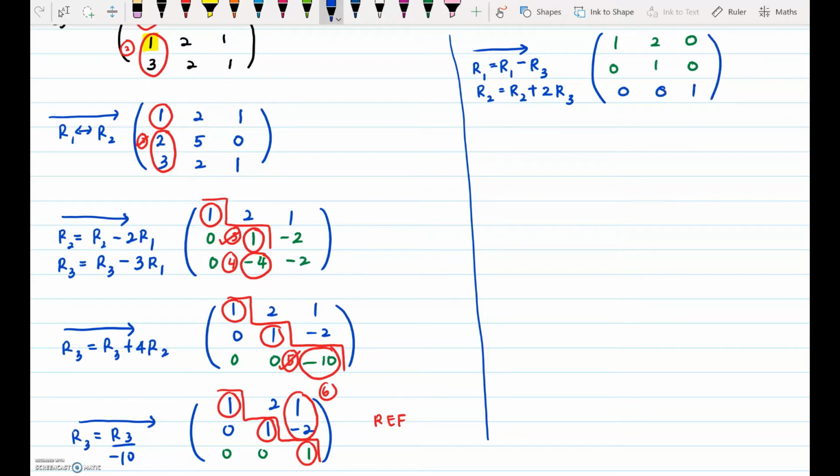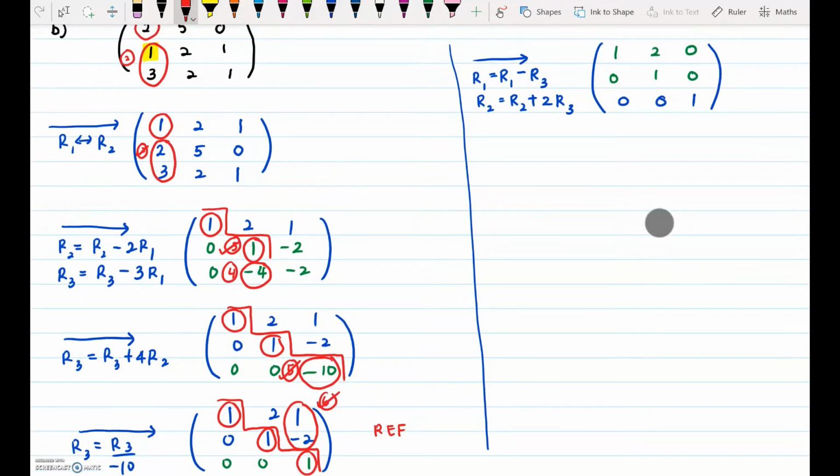Okay, the last step, so we have finished step number 6, and the last step is this one, right? So this is your ladder. So this is step number 7. So step number 7, we will have R1 equals R1 minus 2 times the leading one in the same column.